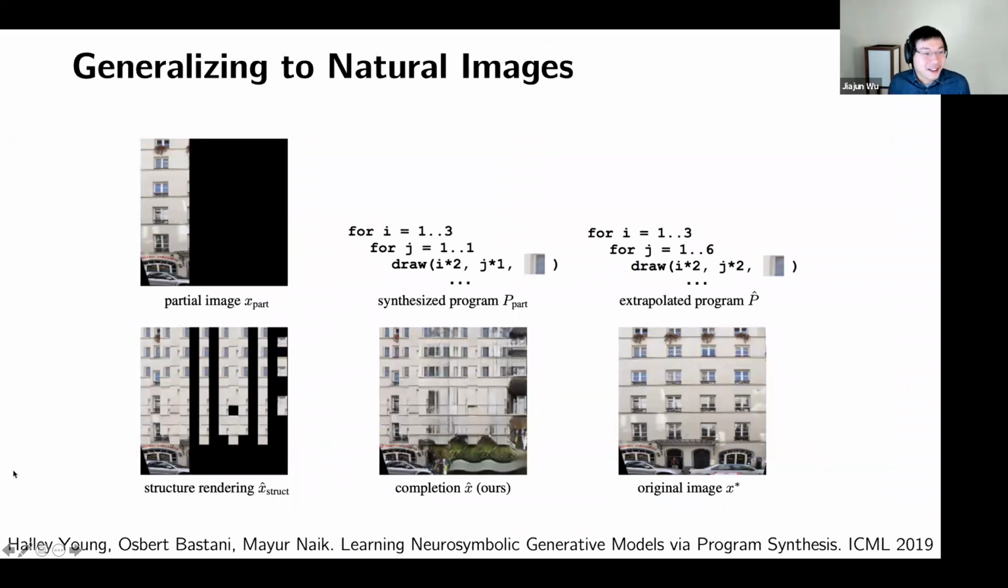So Oxford, Hattie Young and Maria Naik, in ICML 2019, actually also explored this idea. If I'm seeing images like this with multiple windows, and I want to ask you to extrapolate the image, right? Can I go from a partial image to the full image? Right? They're also able to synthesize a program with for-loop-like structures and to draw the corresponding patches so that you can complete the scene.